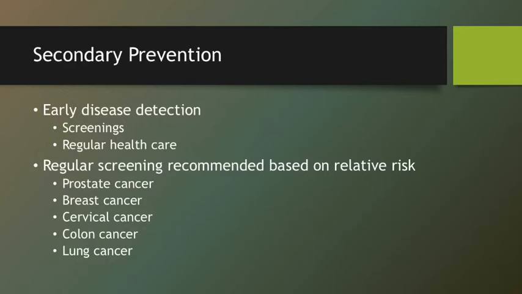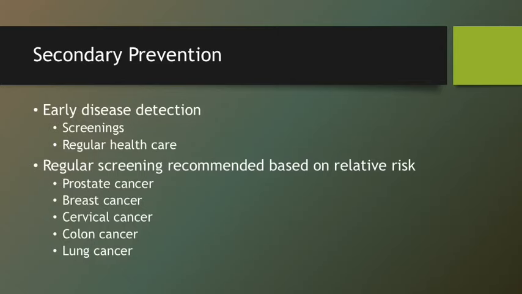So we have screenings where people can do self-screenings like breast exams, self-breast exams, or men should be doing testicular exams. Skin assessment, everybody should be doing a head-to-toe skin assessment to screen for skin cancers.